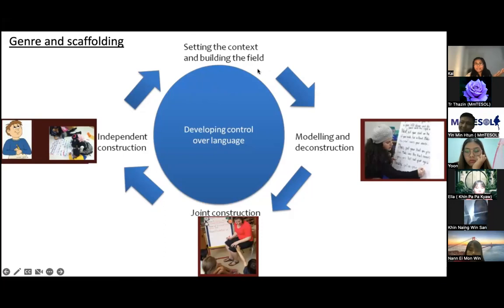But we need to make sure that the reading we give when building the field is aligned with the genre that we want the students to be able to write at the end of the lesson. So if we want the students to write an argumentative essay, our reading text should be that genre, argumentative essay.